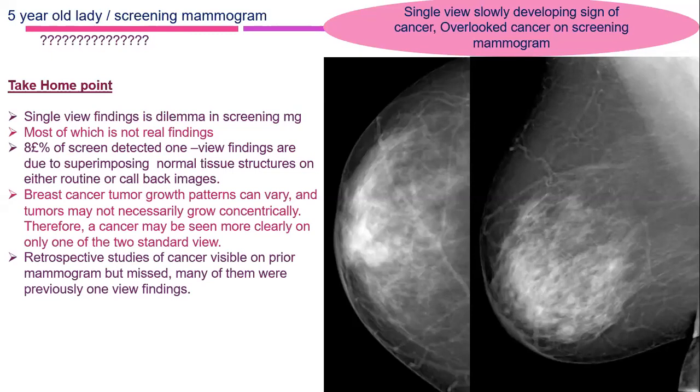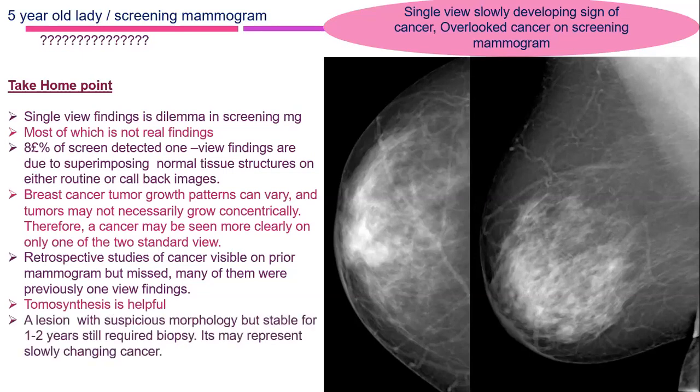In retrospective studies of cancers visible on prior mammograms but missed, most were previously seen as single view findings. Also, I think tomosynthesis can help us delineate this abnormality and characterize it. And we have to know that a lesion with suspicious morphology but stable for 1 or 2 years still requires biopsy.